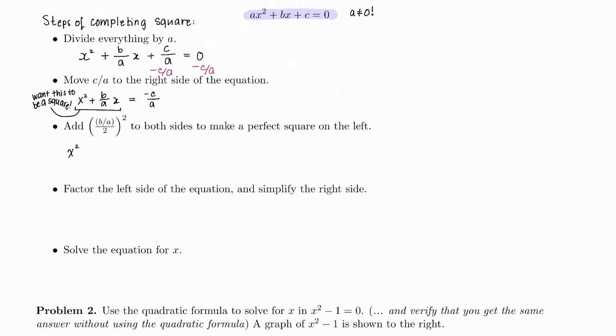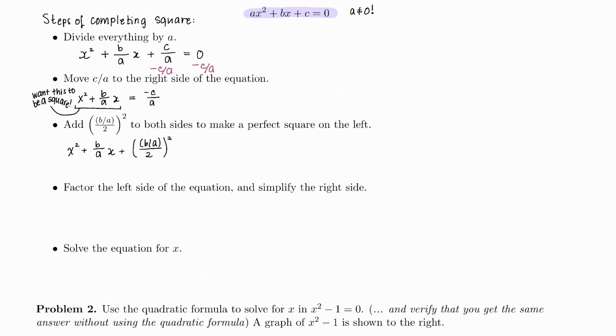So x squared plus b over a x plus b over a divided by 2 squared equals negative c over a plus b over a divided by 2 squared.